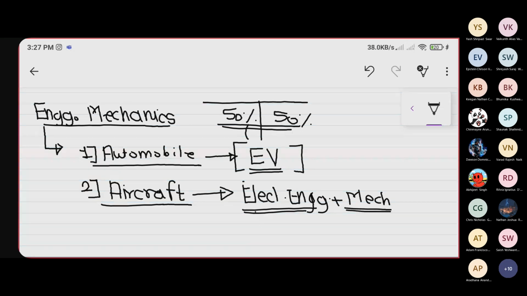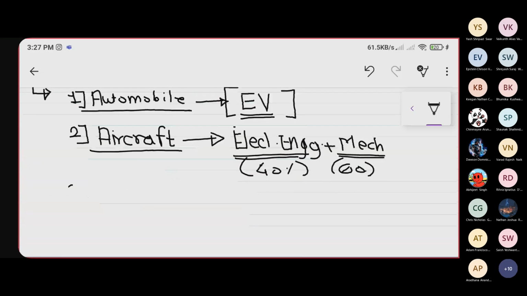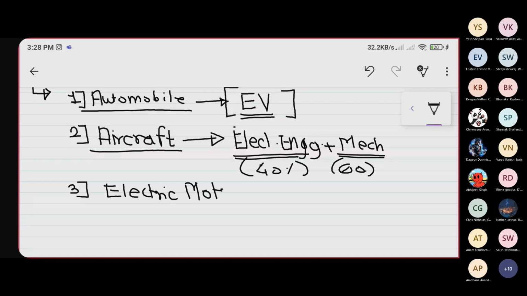Here I will say again 40% to 60%. Next, electric motors. That will be your whole and soul. If you want to study this, you need to study engineering mechanics. I will say 90% is your specialty.